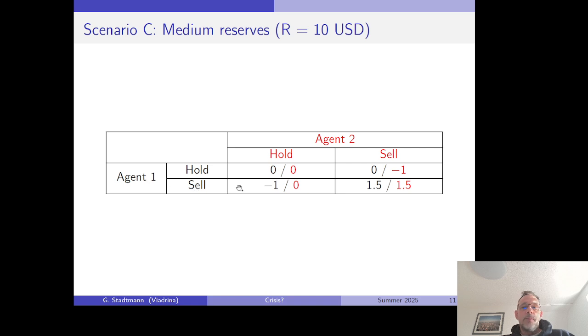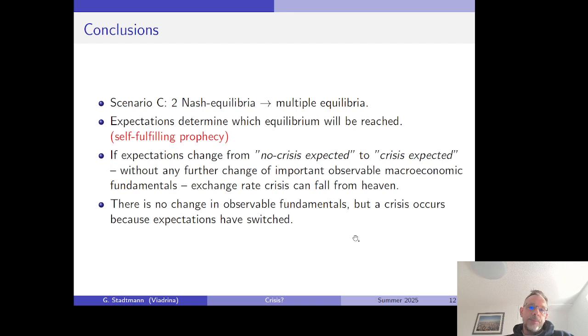Also, when agent 1 plays sell, there is no incentive that agent 2 switches from the sell strategy to the hold strategy because the payoff would decrease from 1.5 to 0. So here it is a case that we have two Nash equilibria, the upper left cell and the lower right cell. So we have two equilibria here.